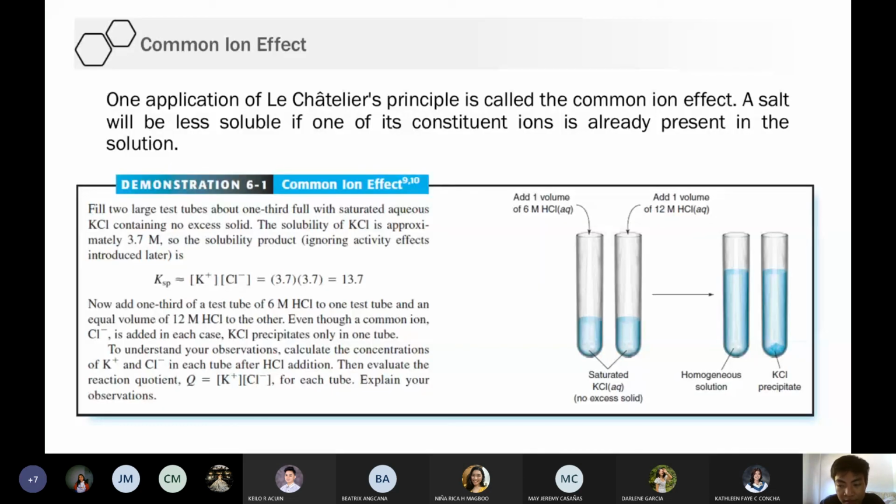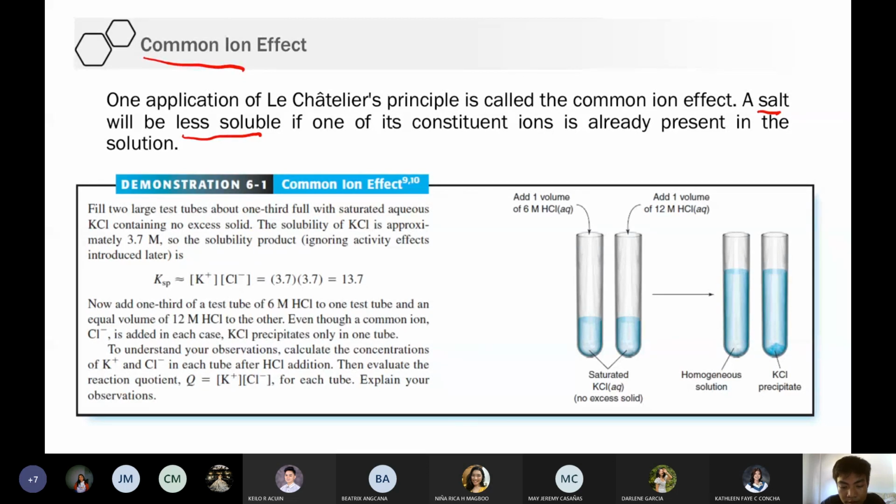Also, we discussed this briefly, the common ion effect. It tells us that whenever we have common ions with our salt, then it will shift the equilibrium to the left so that the salt will be less soluble. More of this will be discussed in chapter 4 laboratory, which will discuss acid-base equilibrium and solubility equilibrium.